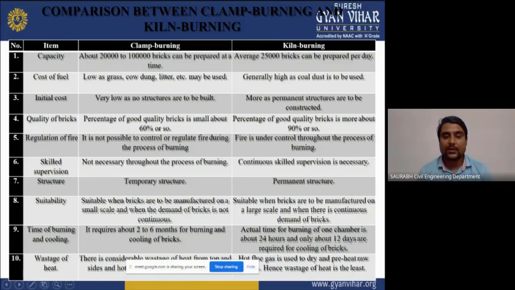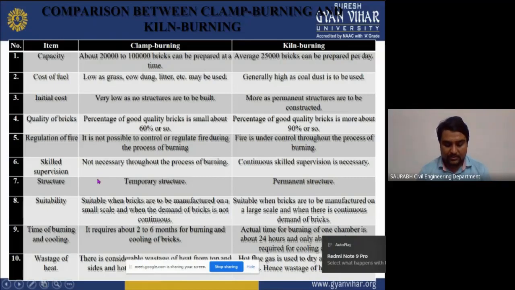Now come to the regulation of fire. It is not possible to control or regulate fire during the process of burning. And in clean burning, fire is under control throughout the process of burning. So you can understand what the advantages of clean burning are in the brick making process.